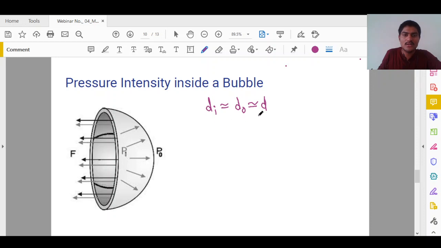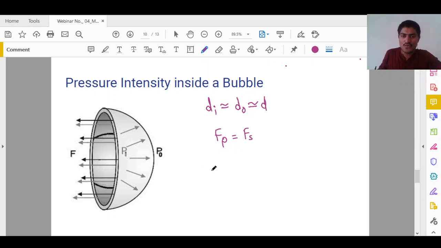What I have written here, I have just shown that after all, the bubble having two films, the thickness of the bubble is quite less. Therefore, instead of representing the inner diameter with di and the outer diameter with do, we can simply represent it with the letter d. Again, for determination of the pressure intensity inside the bubble, we will equate these two forces, Fp and Fs. Fp is the pressure force inside the bubble and Fs is the surface tension force outside or over the surface of the bubble.